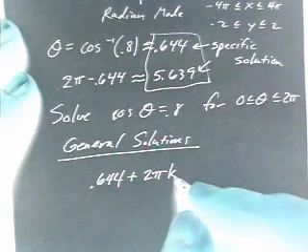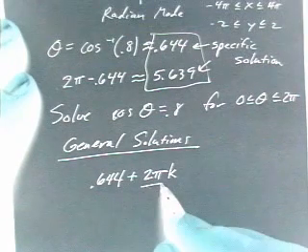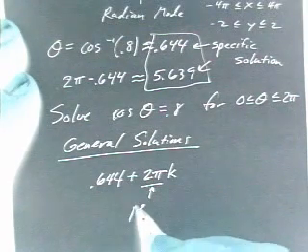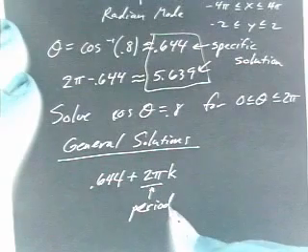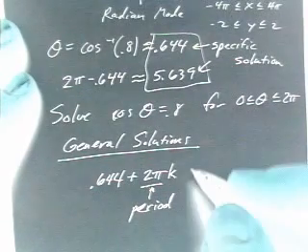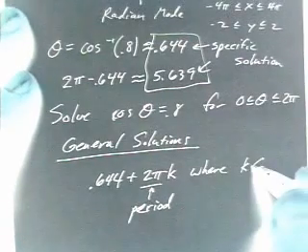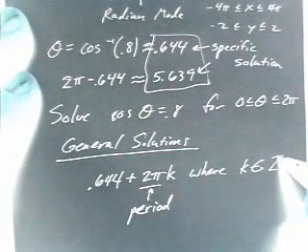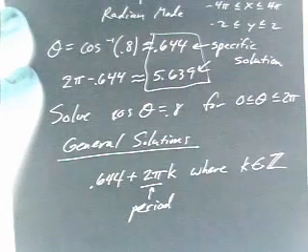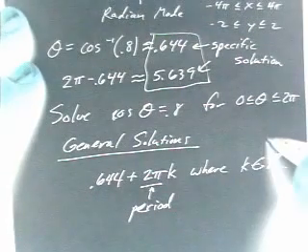2 pi k. Now you're probably going, okay, what's that? Well, here's the period. K, what's K? Where K is an element of, remember that fancy letter Z for the integers?